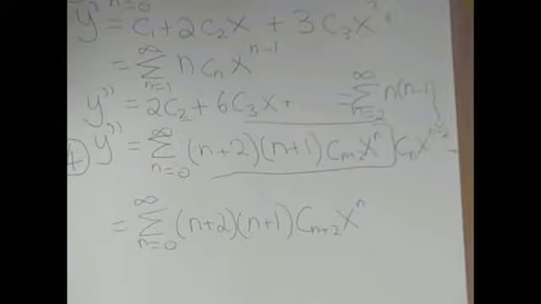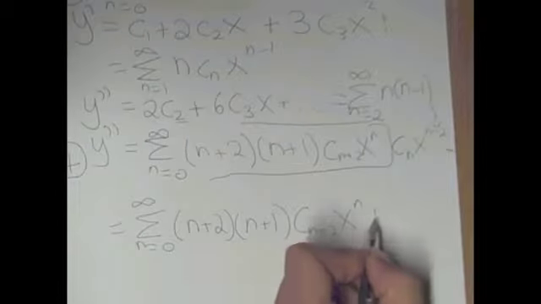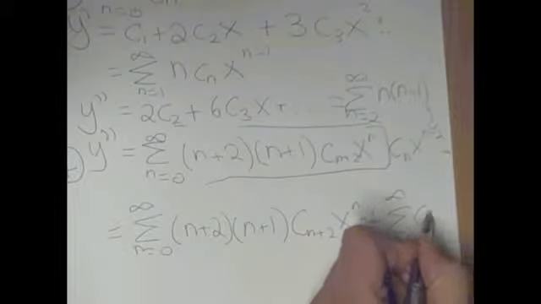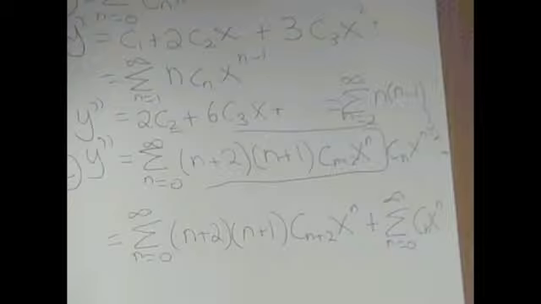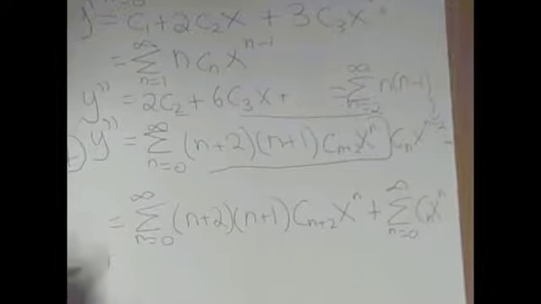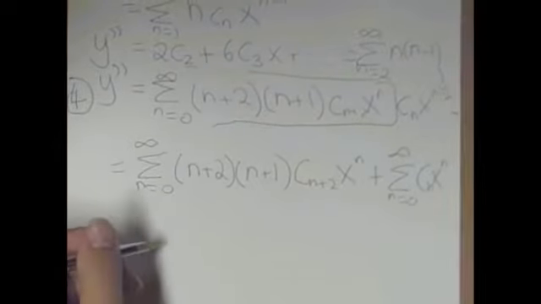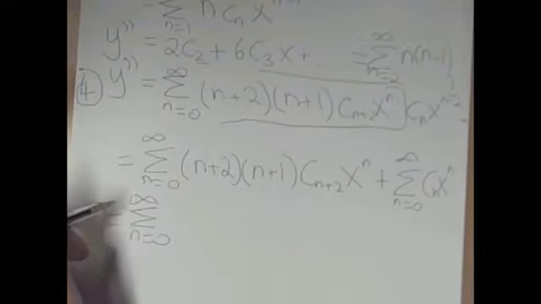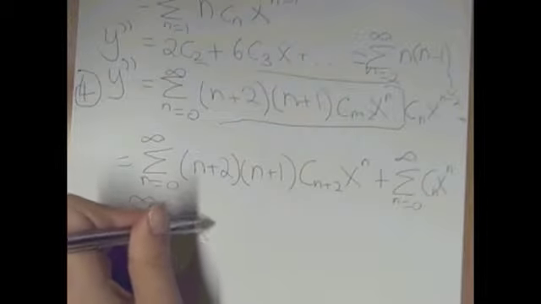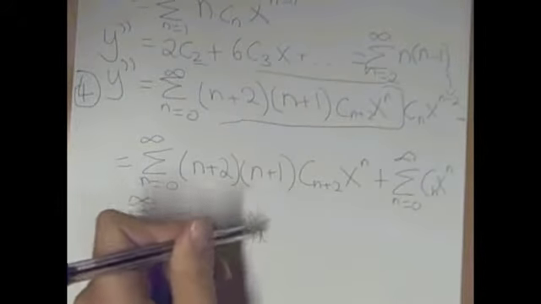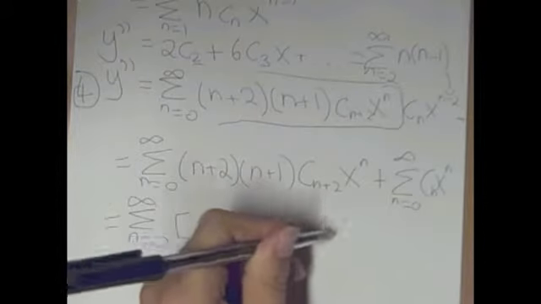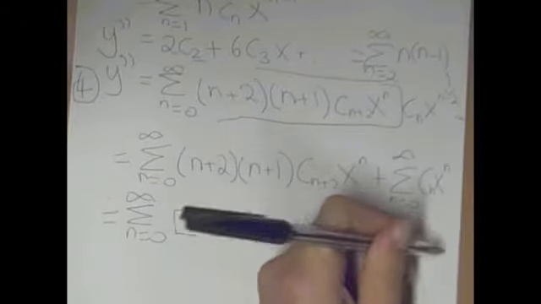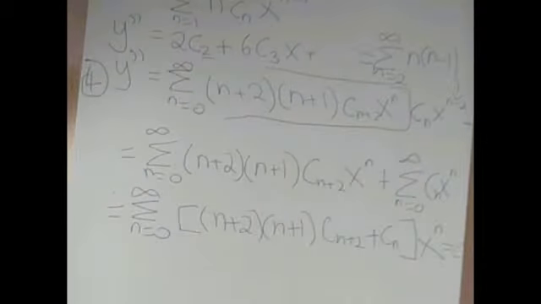And then we want the y part, so that's plus the sum of n equals 0 up to infinity of cn x to the n. And we can rewrite this as the sum when n equals 0 up to infinity of n plus 2, n plus 1, cn plus 2 plus cn, all times x to the n, and that's equal to 0.